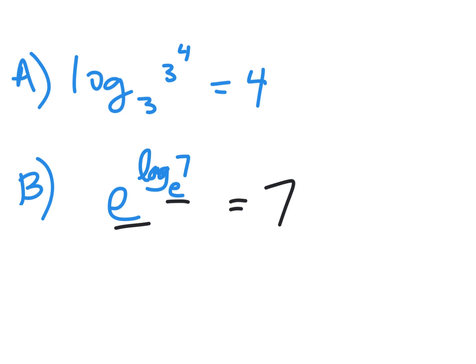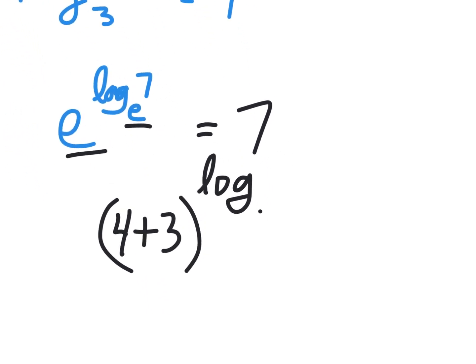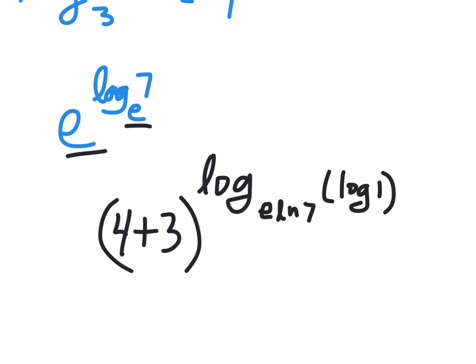This is going to be 4 plus 3 to the log base, no, bases don't go in parentheses, log base e ln 7 of log base 10 of 1. There is a really messy problem.